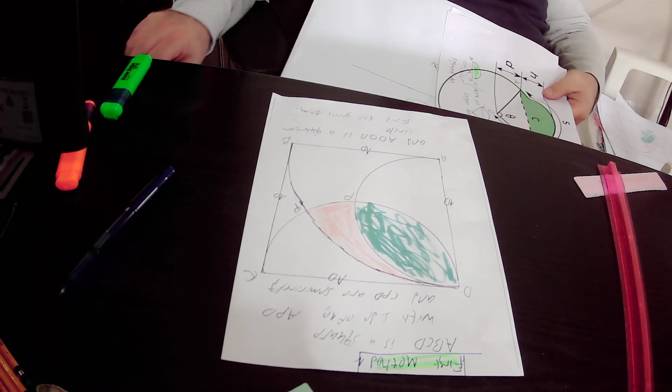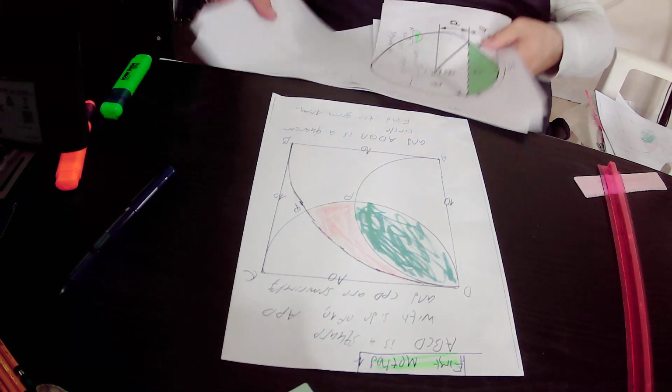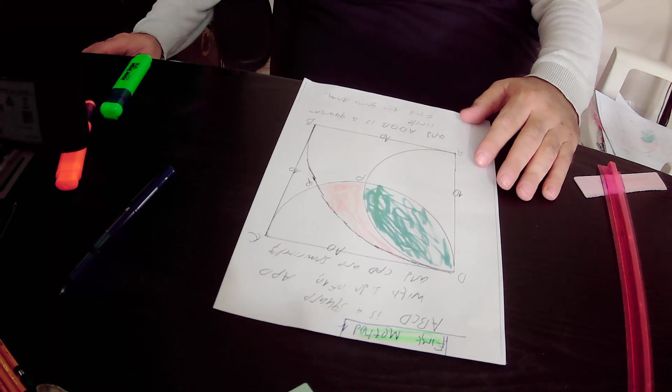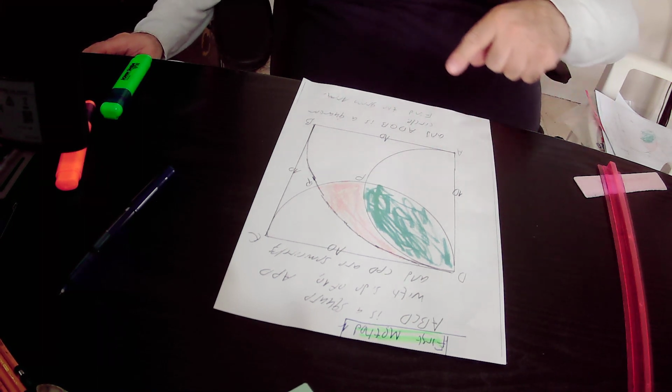So in the drawing we have this square ABCD.